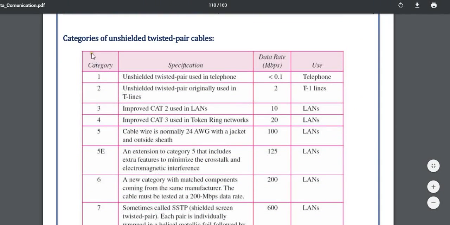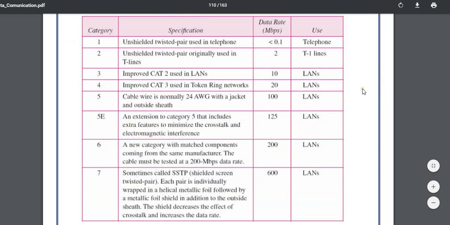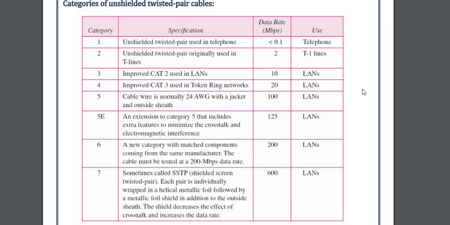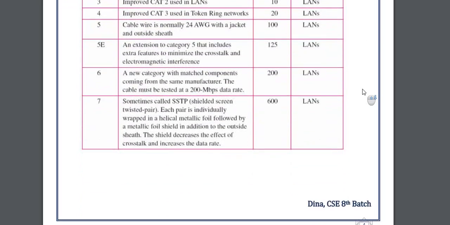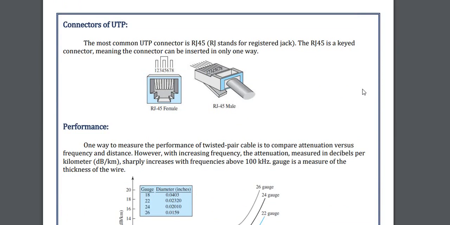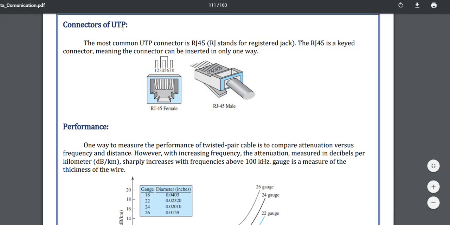The criteria of unshielded twisted pair cable is given here. For the connector of UTP, which is unshielded twisted pair cable, we have RJ ports.